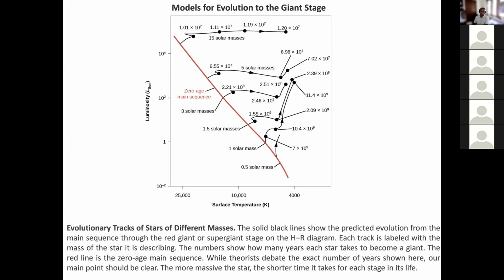Now, what you can identify is these high mass stars spend only a relatively small amount of time in their evolution up to a red giant or a red supergiant, while these low mass stars spend a huge amount of time in each phase.